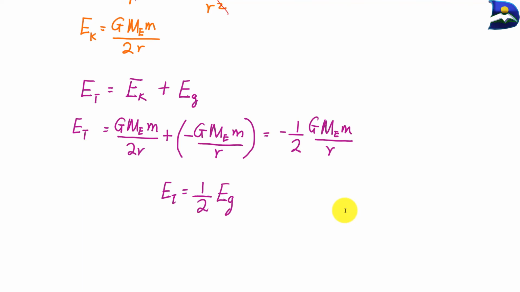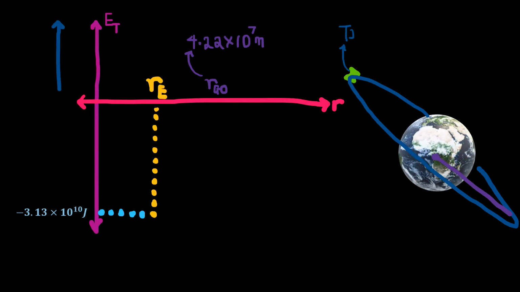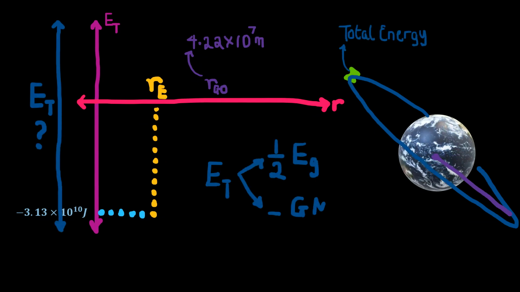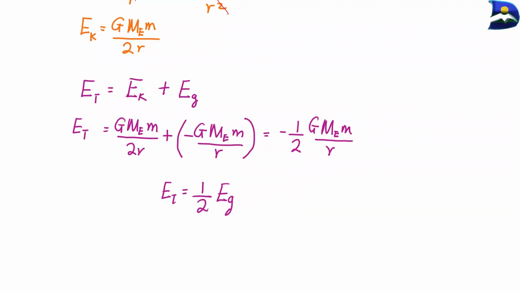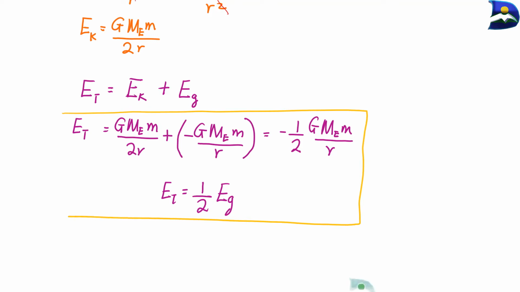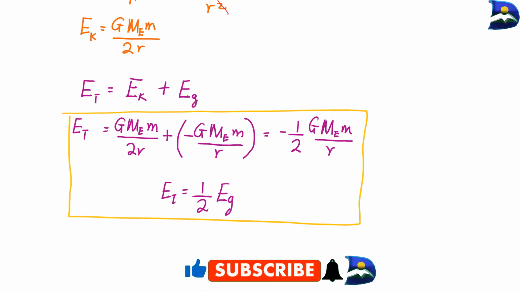And so these are the things to keep in mind in terms of how our E total connects to not only the kinetic energy but also the potential energy. And this is the formula that we're going to use to determine what the total energy is for an object at a specific orbital path.